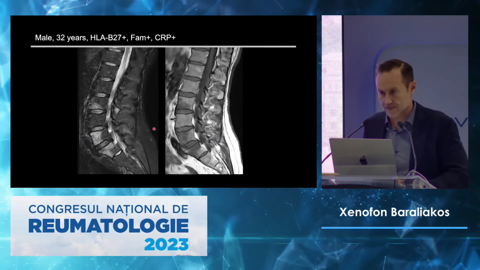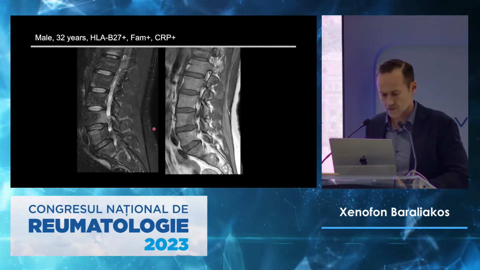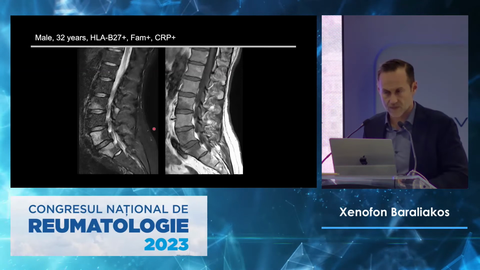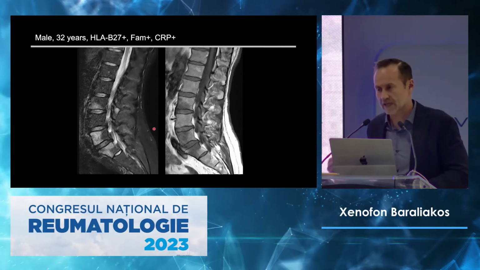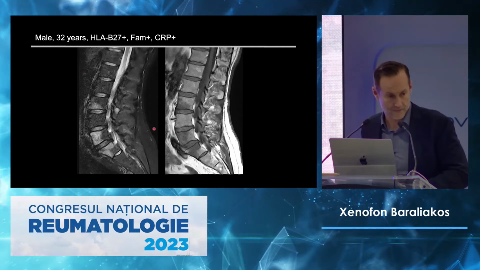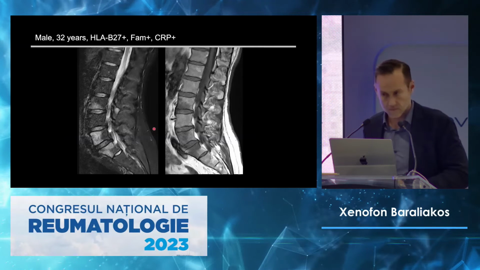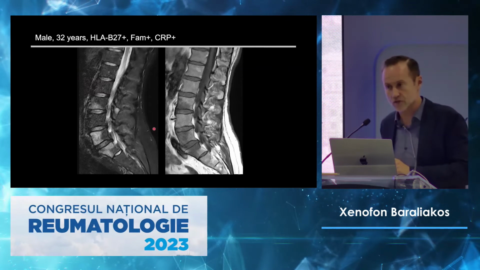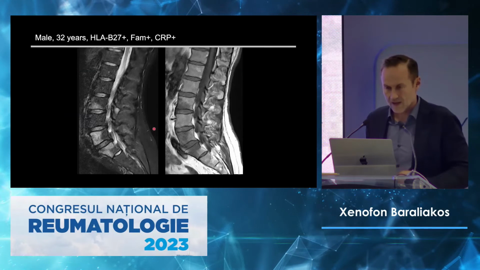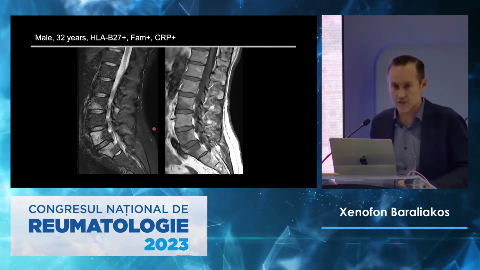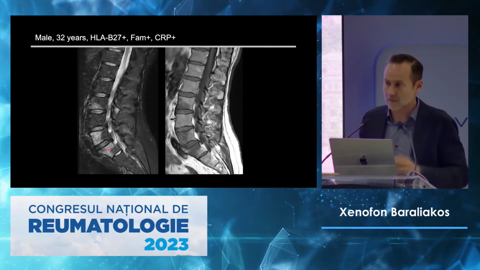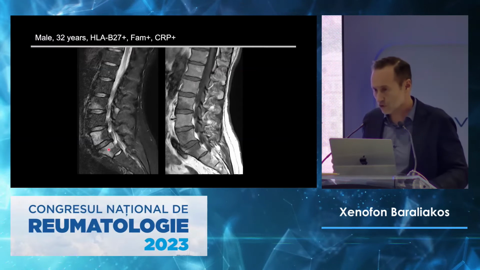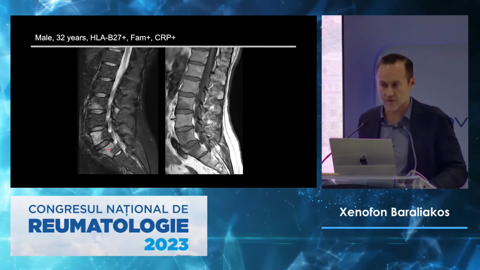That's another slice. Yeah? This or that. Everybody would be keen to say this is typical SPA, because the clinics are okay, the family history is there, the person is young. However, what I don't like in that image is that this edema, again, is too much. We don't see that much edema in the spine of patients with spondyloarthritis.